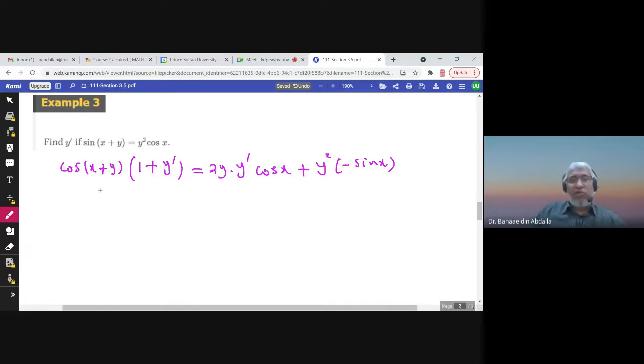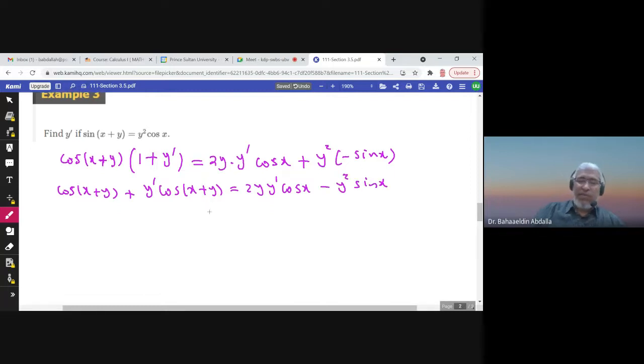Now I need to solve this equation for y prime. As we mentioned, all the terms with y prime, I'll keep on one side. So here I need to expand. I'll have cosine of x plus y times 1, plus y prime times cosine of x plus y. And here I have 2y y prime cosine of x plus y, minus y squared sine of x plus y.